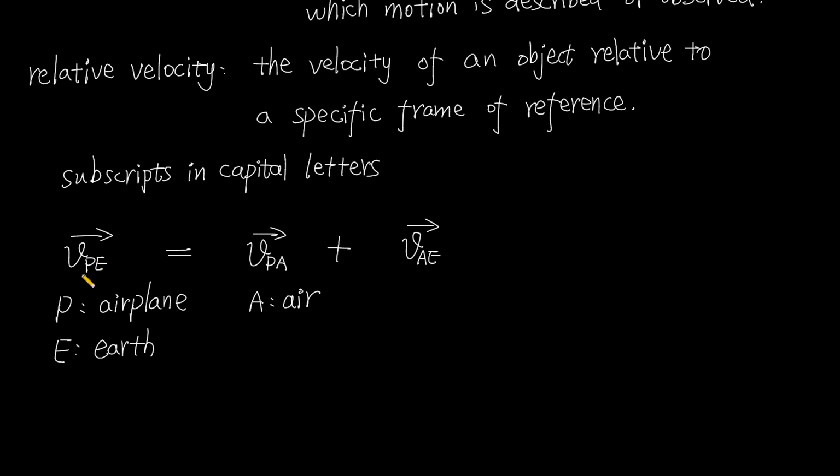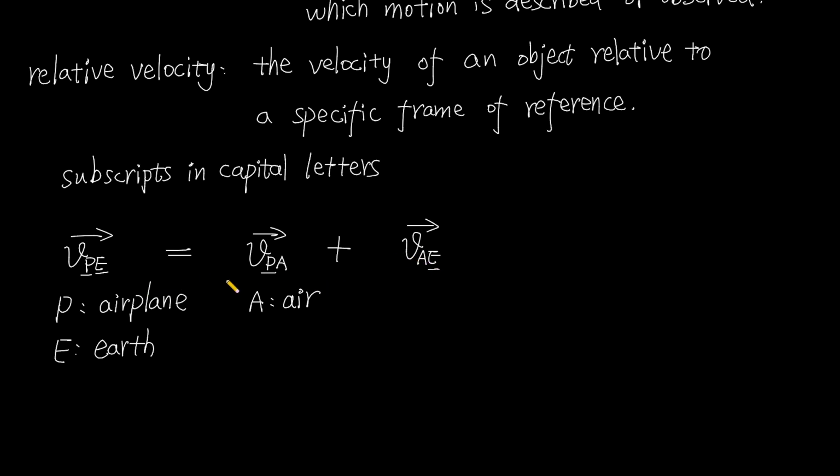The P is on the left, and here P is on the left of the first velocity, and on the left E is on the right, and here E is on the right of the last velocity, and here A is on the right of the first velocity, and A is on the left of the second velocity.